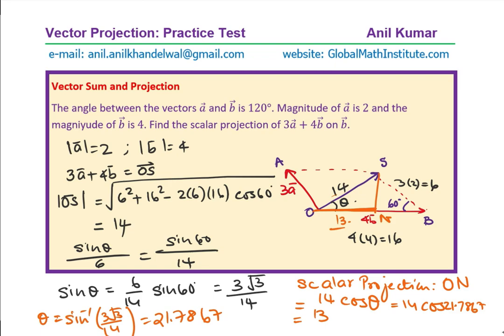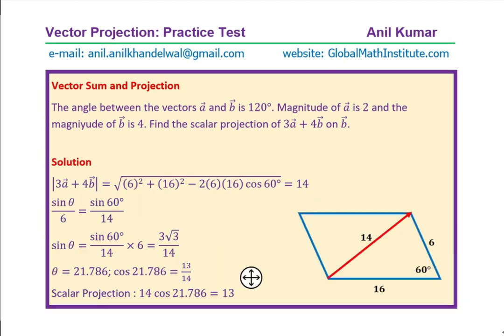Perfect. So here is our final solution, right? What we did was draw this parallelogram where one of the sides is 3a, the other one is 4b, the angle between them being 120 degrees.